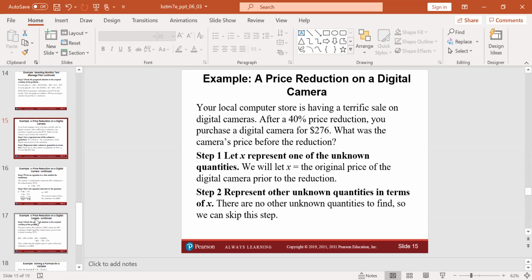Okay, so let's write out what all the variables are. You buy a digital camera. It was 40% off.